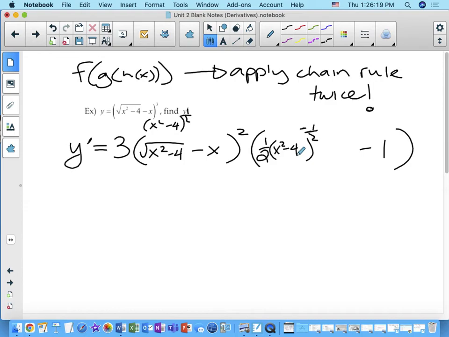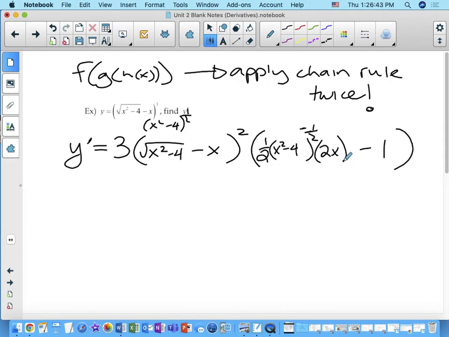What's the derivative of the inner function? 2x. There we go. It's tricky, tricky, tricky.